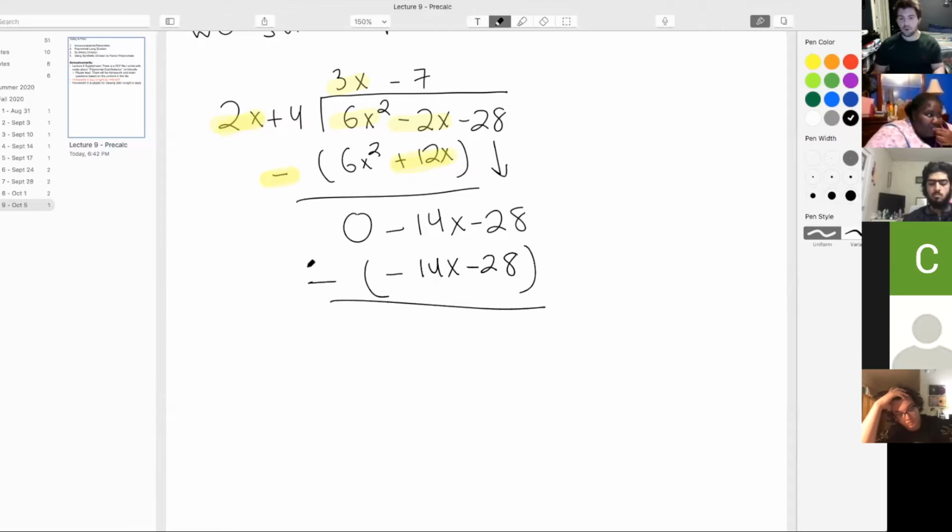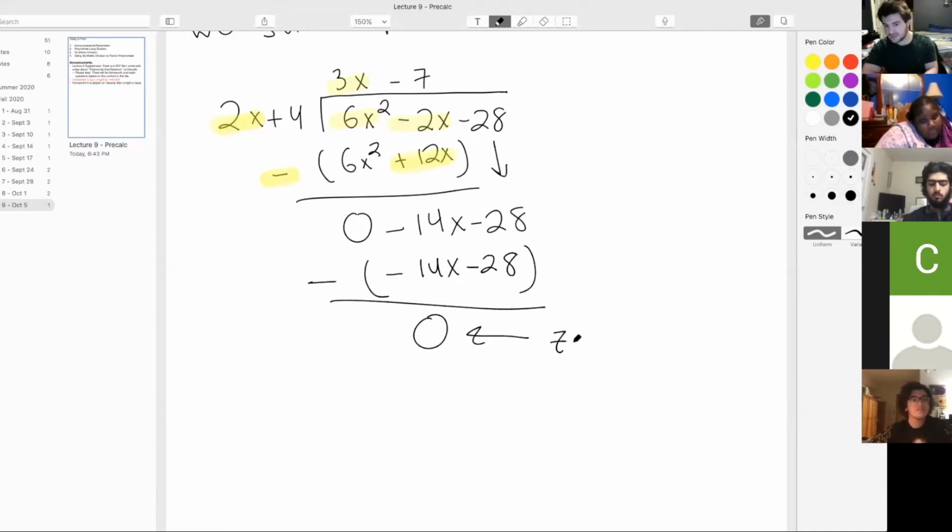All right, very important to put these parentheses here. Okay, so we have negative 14 minus negative 14, which is the same as negative 14 plus 14 because of the double negative, that's 0. And you also have negative 28 minus negative 28, which is negative 28 plus 28, so that's 0.